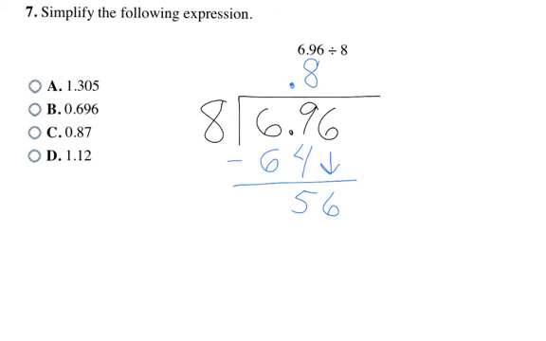And then 8 goes into 56 7 times, because 7 times 8 is 56. When I subtract those this time, I'm left with 0. That means I don't have a remainder. I don't have any more numbers to bring down, so I'm done with my long division, which means 87 hundredths, or 0.87, which is choice C, is going to be my final answer.